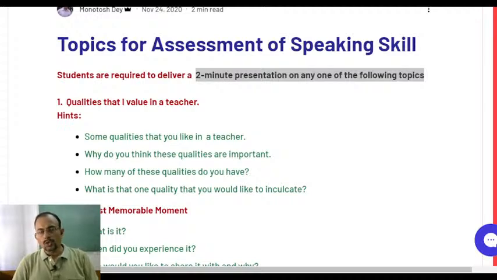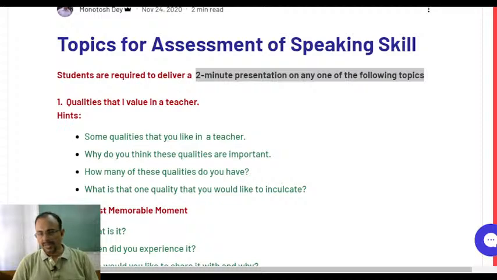So the first phase is topic presentation. The second phase will be pair interaction, right? So that will be 5 marks each. The first phase will be topic presentation, which is an individual performance, and the second phase will be a pair performance, a group performance, you can say.